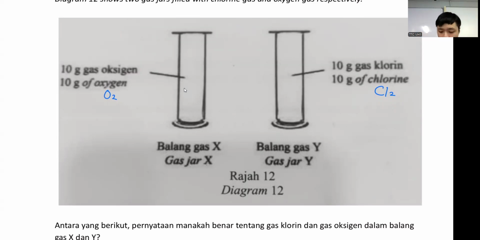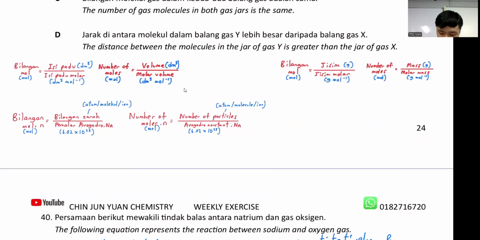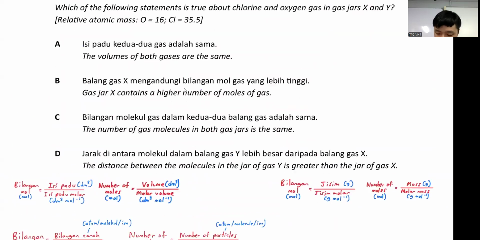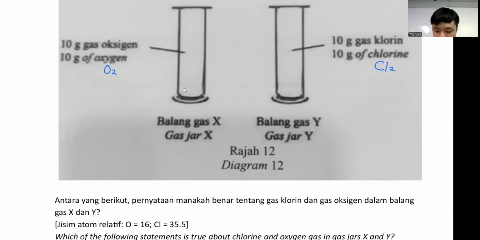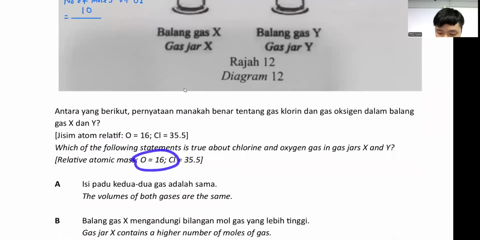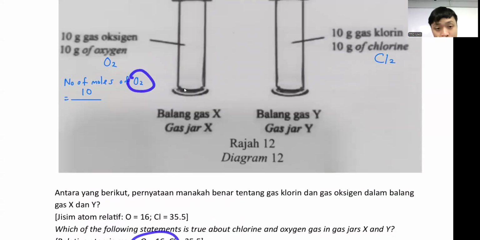So how do we find mole? Since you got gram means mass, mass divided by molar mass. So the number of mole of oxygen equals 10 gram over, O is 16, but O is molecule, so it's 2 times 16.